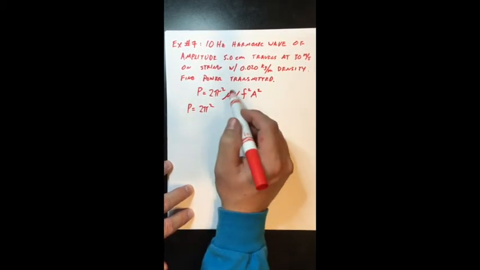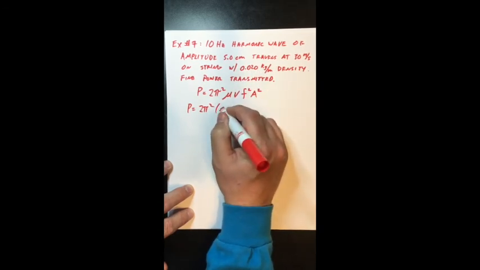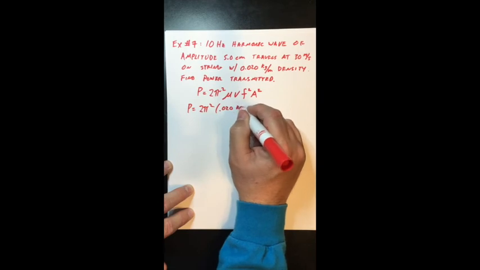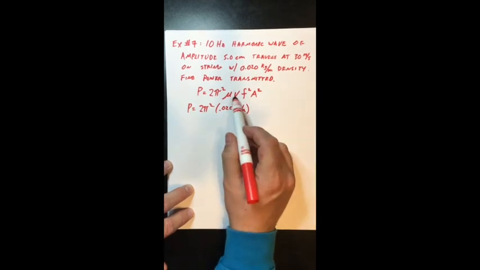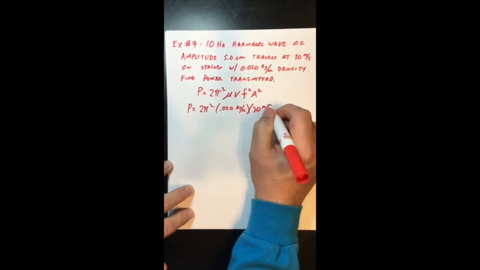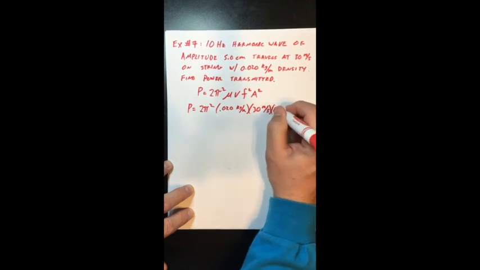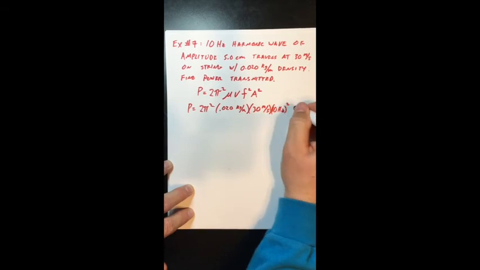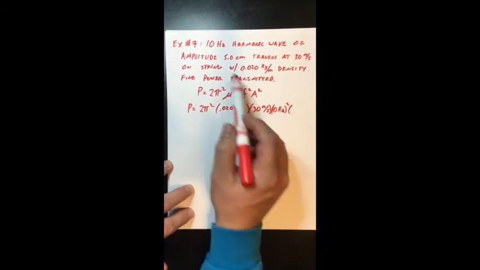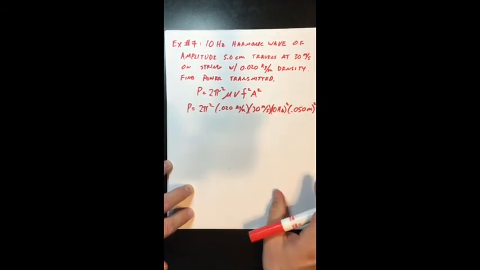So mu is 0.020 kilograms per meter. V is the wave speed, that's 30 meters per second. f is 10 hertz, squared. And then A, our amplitude, is 5 centimeters. We want that in meters, so 0.050 meters, and that is also squared.